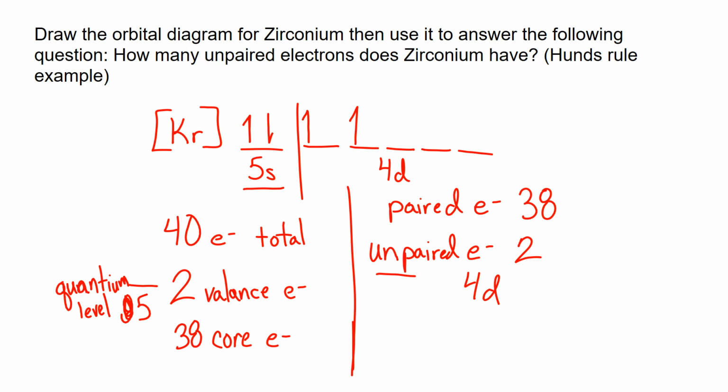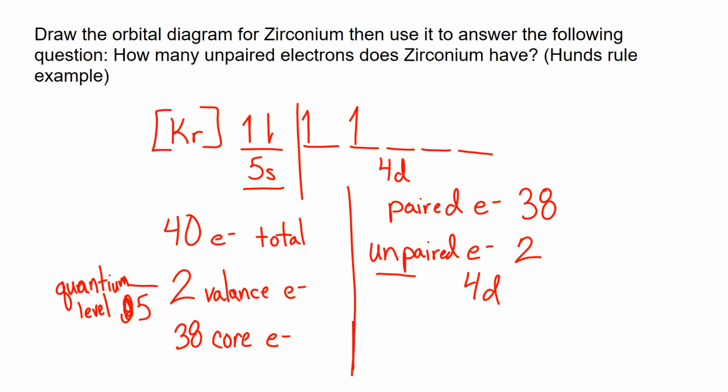All right. Now, where do I get the number of 40 total electrons for this? If we're assuming it's a neutral atom, the atomic number and the number of electrons are equal. So that's where that comes from. The other 2 numbers, the 38s, are coming from different places as well. When I say 38 core electrons, I'm talking about the 38 electrons in quantum levels 1 through 4, because quantum level 5 is my outer shell.